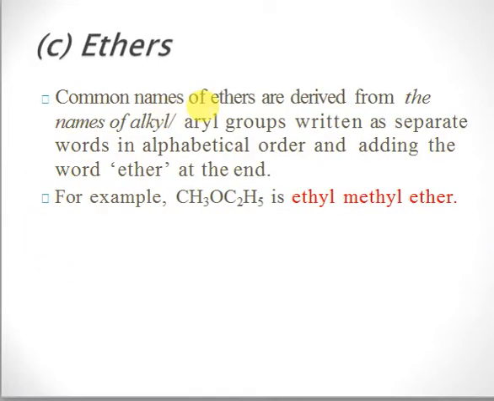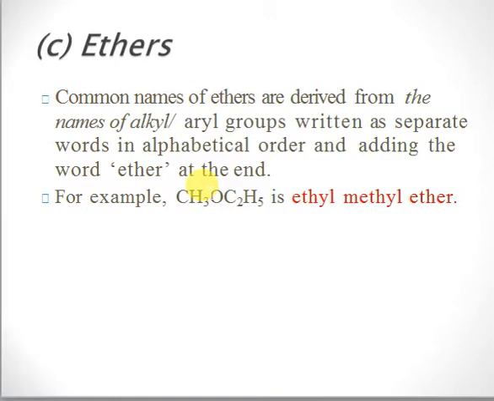Common names of the ethers are derived from the names of the groups attached to oxygen. For example, if we have an ethyl group and a methyl group attached, we write the names of both groups in alphabetical order, and the names should be separated.